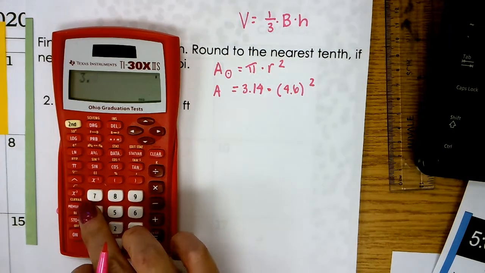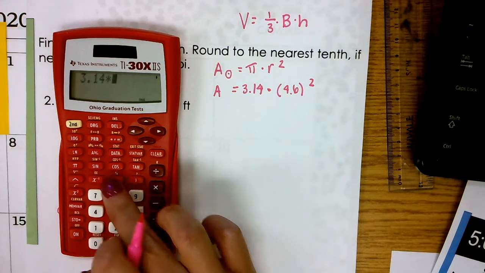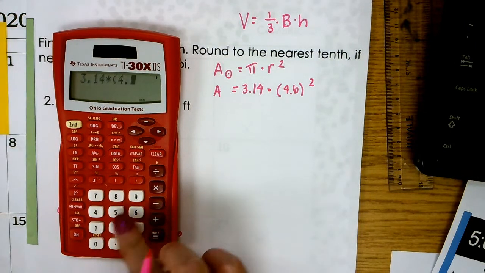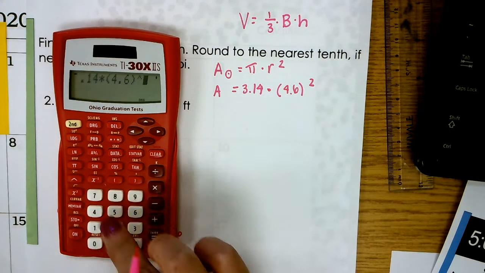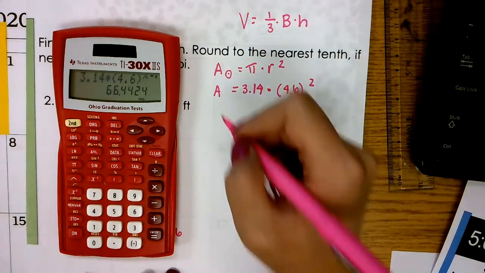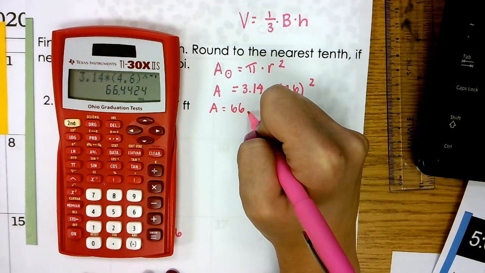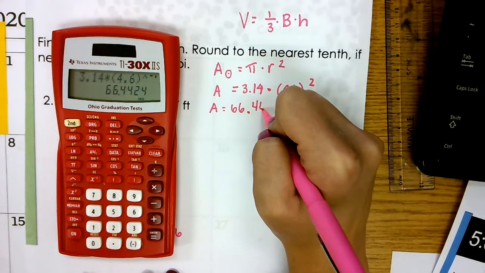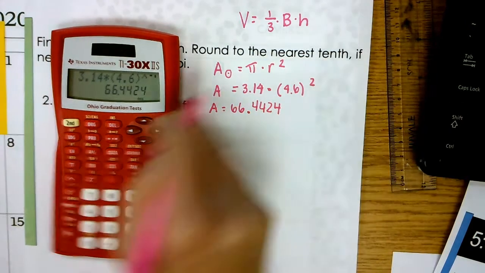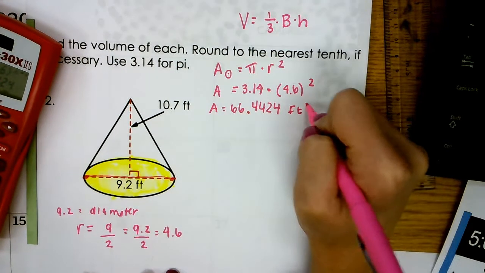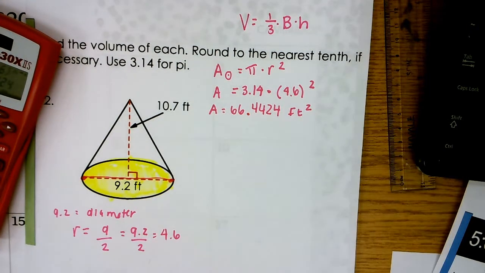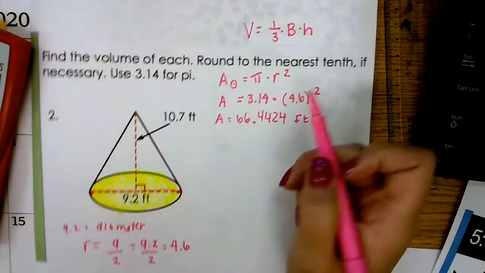So 3.14 times, in parentheses, 4.6, close the parentheses, squared. When we do that, we get that the area is equal to 66.4424 feet squared.